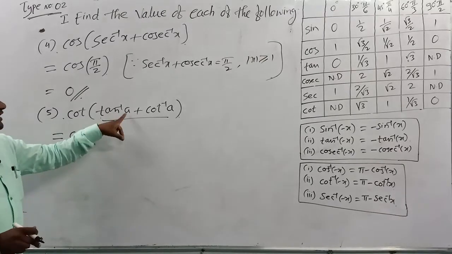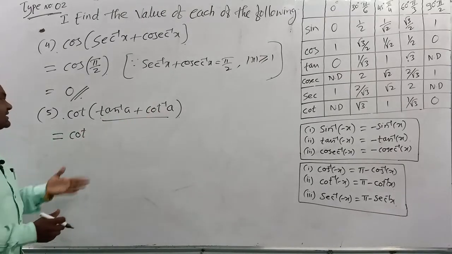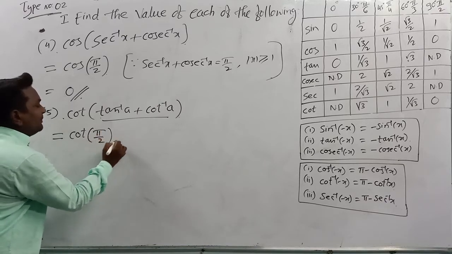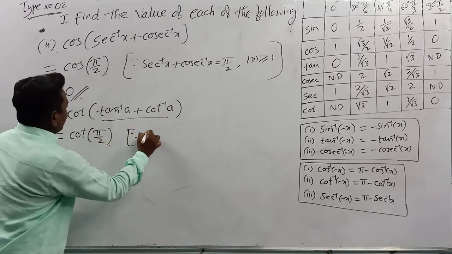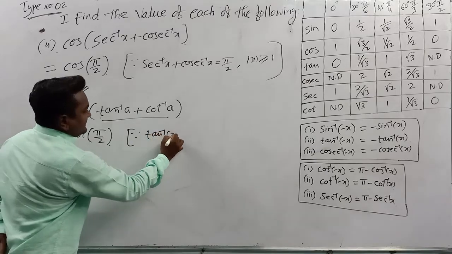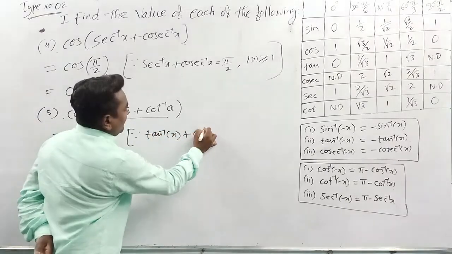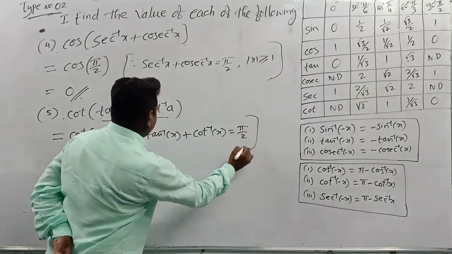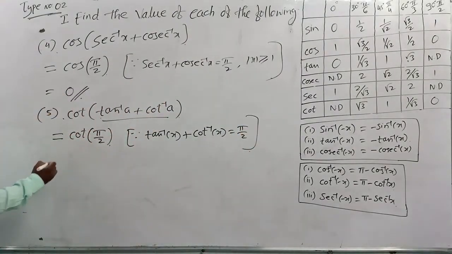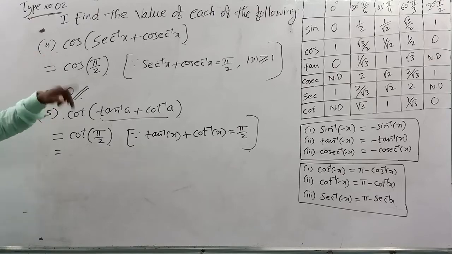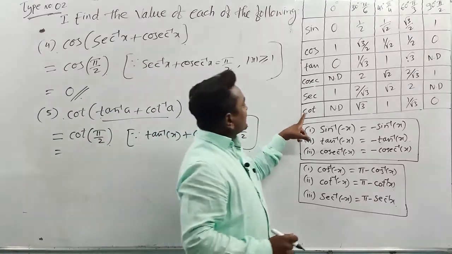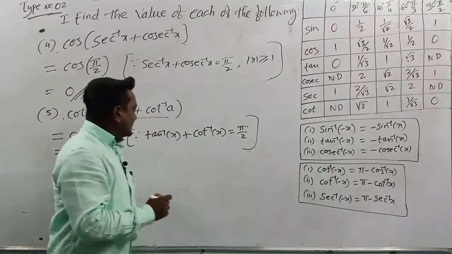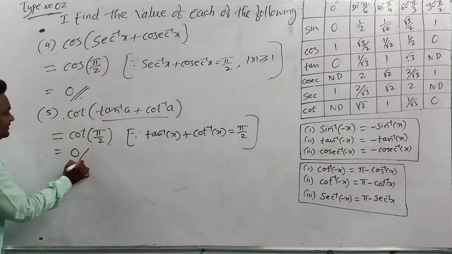Pi by 2. So in place of x here, A is there. Means by using that property, its value is pi by 2. Now cot pi by 2 means cot 90 degree. So cot 90 degree is equal to what? 0. Means its value is 0.